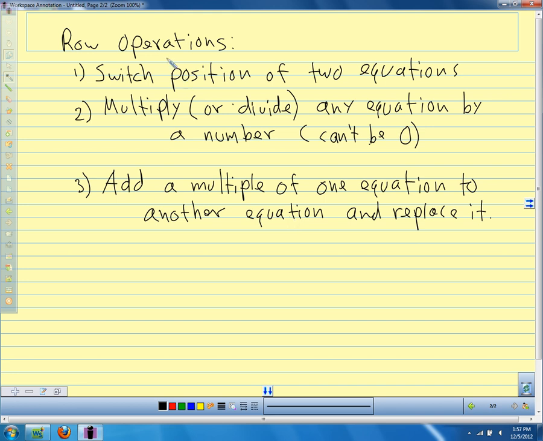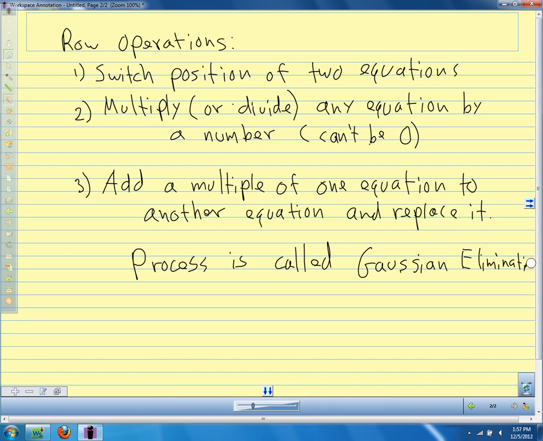And this process of using row operations is called Gaussian elimination. So in the book, when it says use Gaussian elimination, what it's meaning is just use these row operations. And the name comes from Carl Friedrich Gauss, one of the most famous mathematicians of all time.